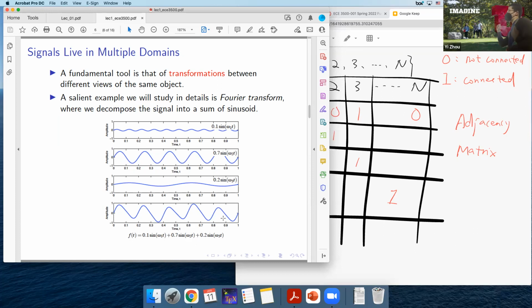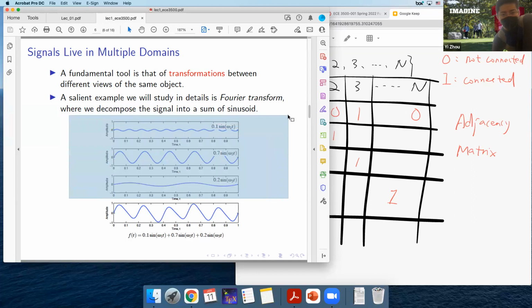Here's one example of how we do that. In the Fourier transform, we decompose this signal into a summation of multiple sinusoids. In this picture, the top three figures correspond to these three sinusoidal signals.